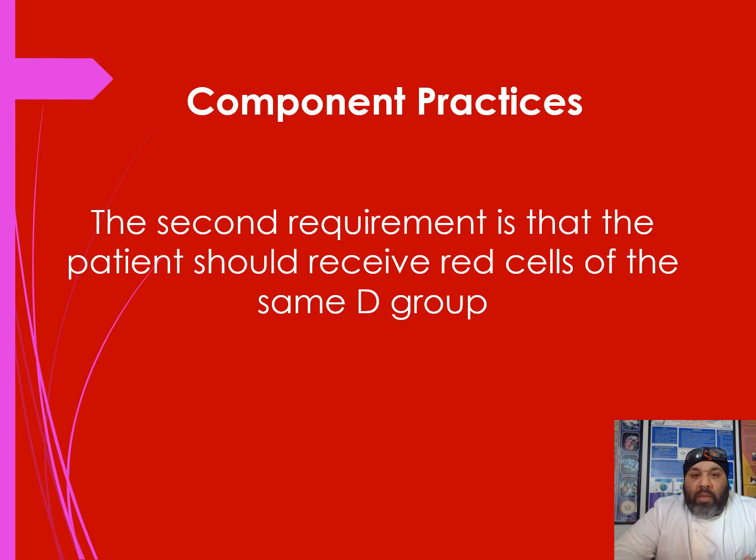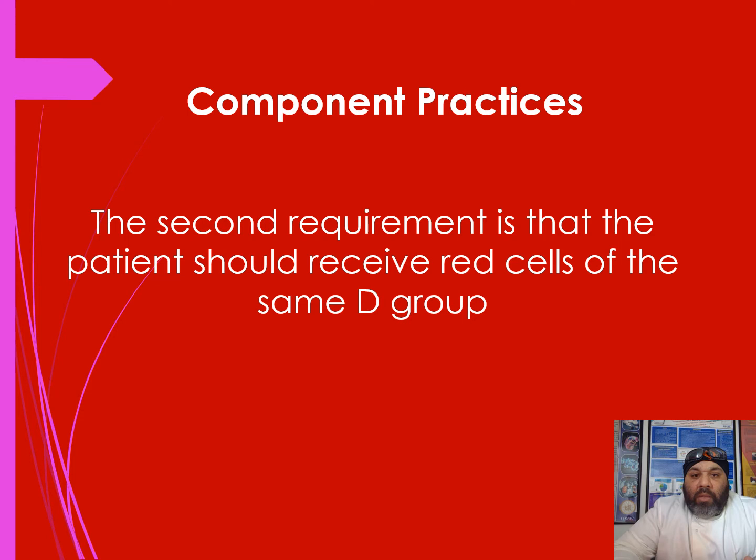Red cells donated at blood donation sites are marked with the appropriate blood group, but also, as is now more universally known, with rhesus D, or RHD, positive or negative.